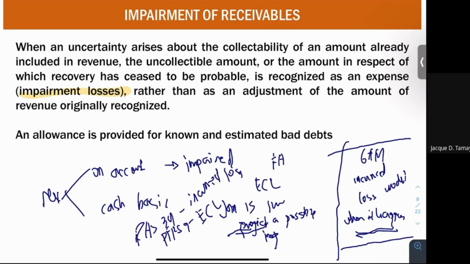Therefore, because of this change, now there is a difference between the accounting of your receivables under financial accounting and your GAM. Because, guys, as a general rule, items of your PPSAS and your financial accounting are the same. So recognition of borrowing costs, recognition of your inventory, etc., you have the same concepts. What we're looking into here are the differences between your government accounting and your financial accounting.